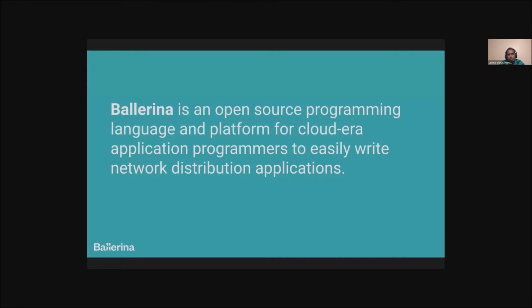As a solution to this problem, Ballerina, an open source new programming language, has introduced a set of cloud native abstractions and tools to write application code that just works in platforms like Kubernetes, Istio, Knative, Lambda, and so on.